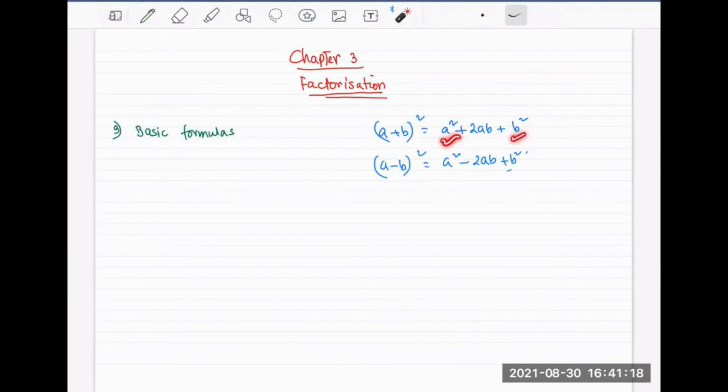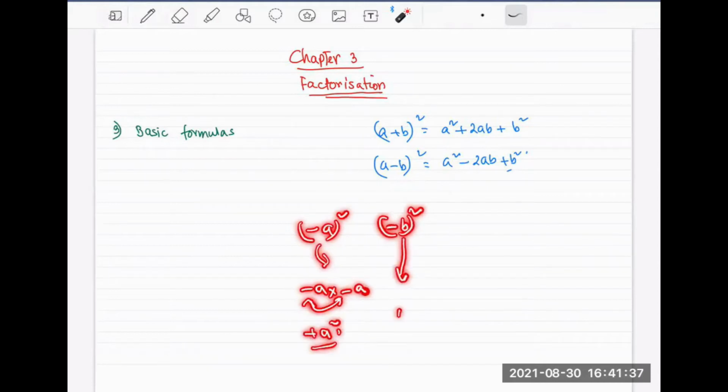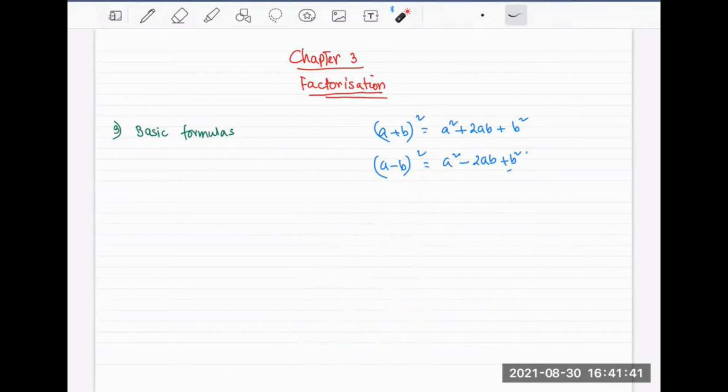The terms with the square have no negative sign there, because if we obtain minus A square or minus B square, this will be changed into minus A into minus A. You can multiply minus and minus sign, which will be plus A square. Same thing here, we will obtain it as plus B square. So the terms with the square are both positive, but for the term without the square, the middle term, if there is plus, the middle term is plus. If there is minus, the middle term is minus. You already are able to remember this, right?